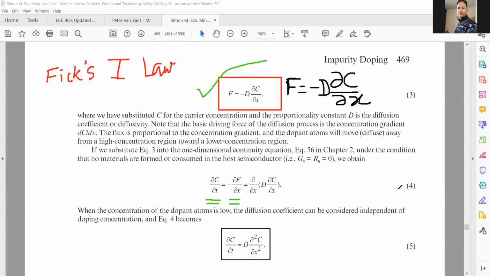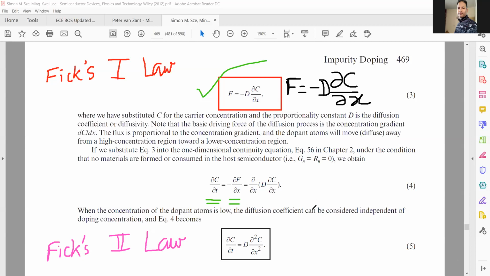And when you place Fick's first law in this equation, we get another equation, which is called Fick's second law. Okay, so this is another important equation.